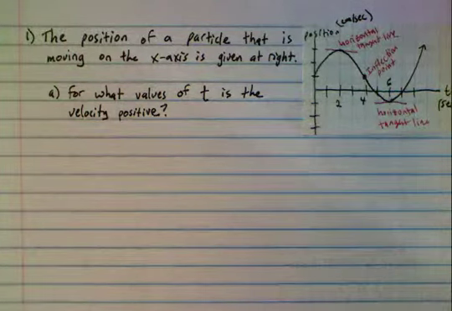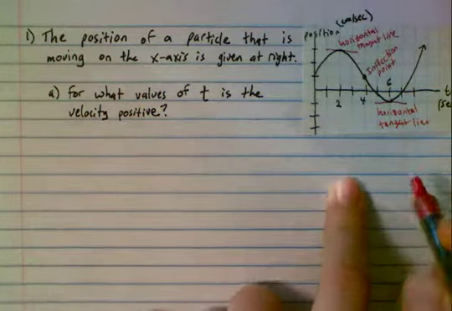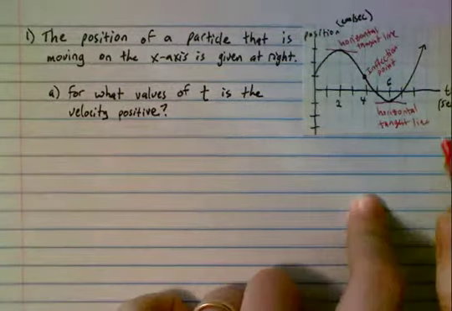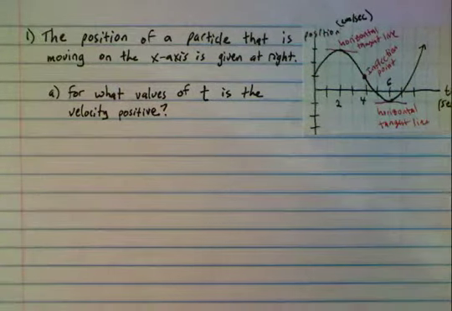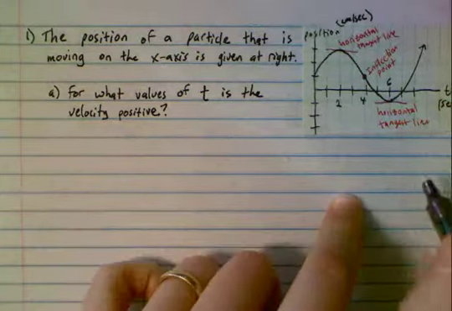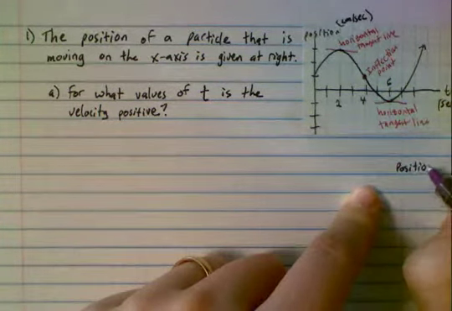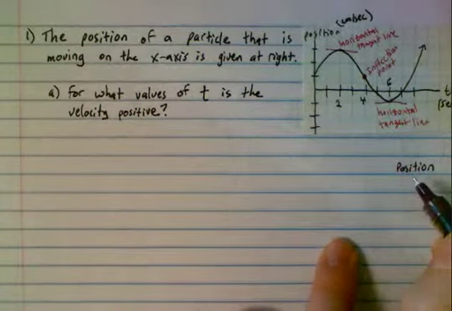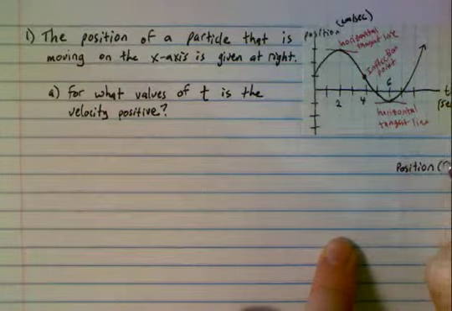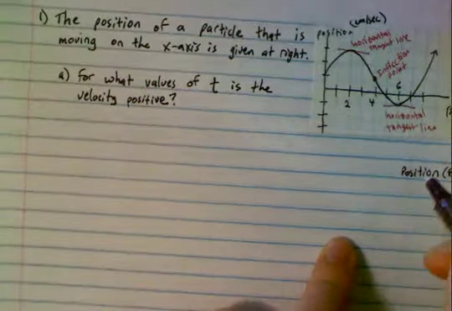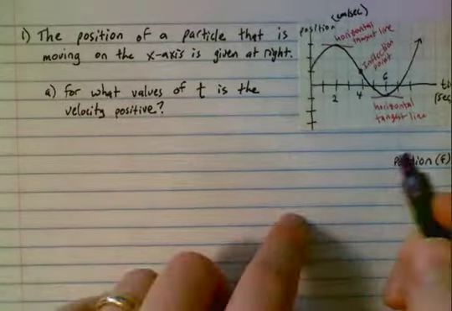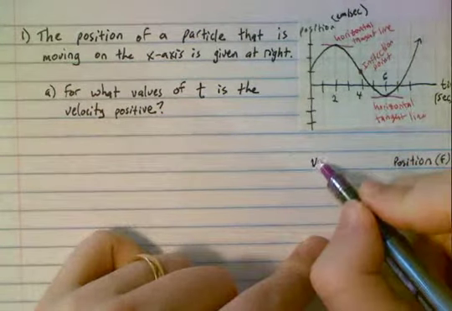So I'm going to start by sketching over here. So right now we have position. This is F. And going along with it, notice we're being asked about velocity.